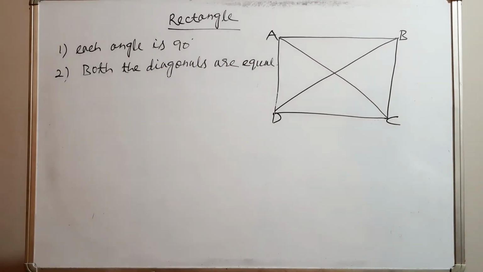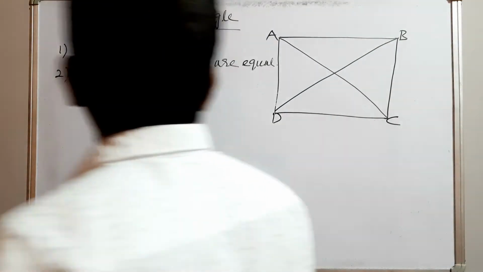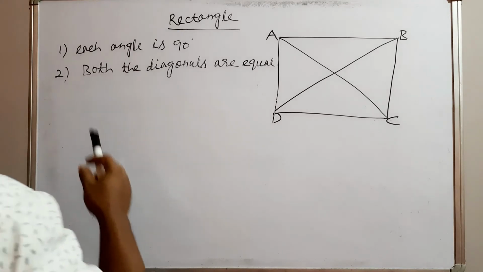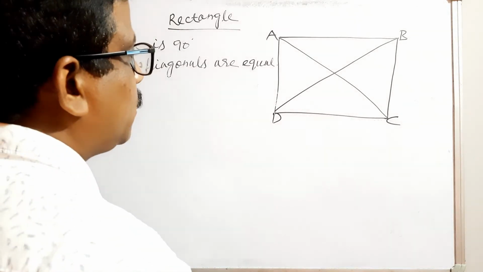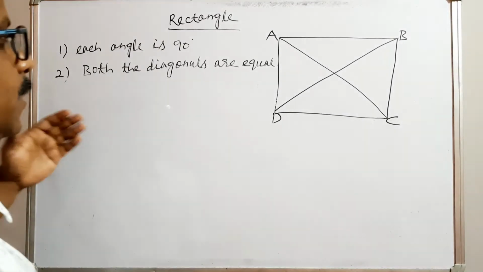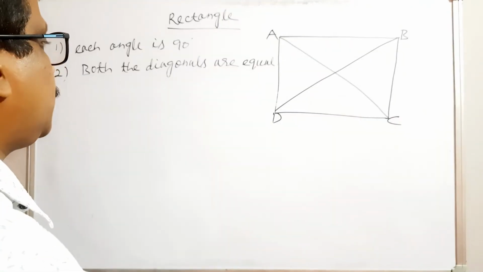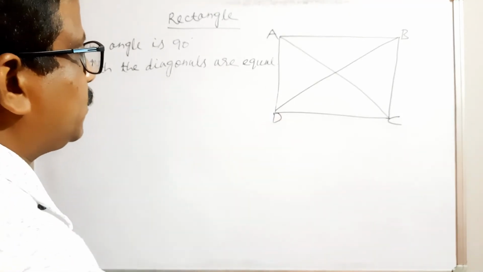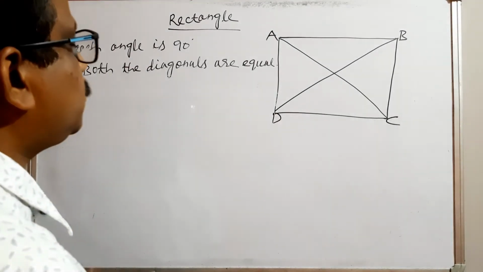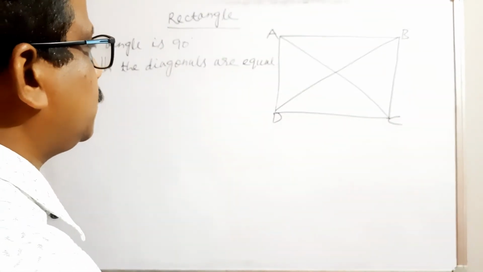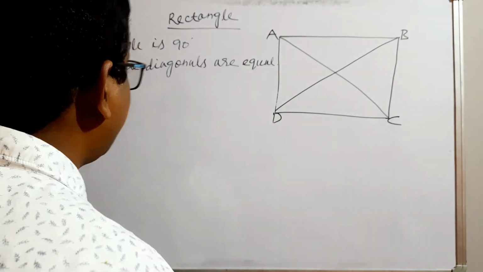Clear? So these are the two properties of a rectangle. As in a parallelogram the diagonals bisect each other, so here also the diagonals are equal and bisect each other. So this is about the rectangle.